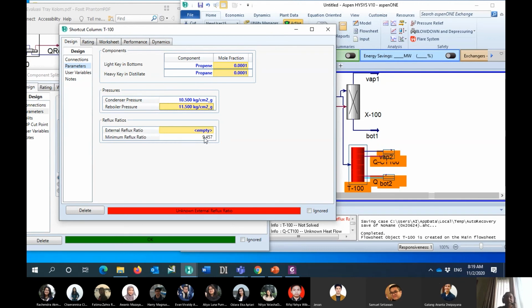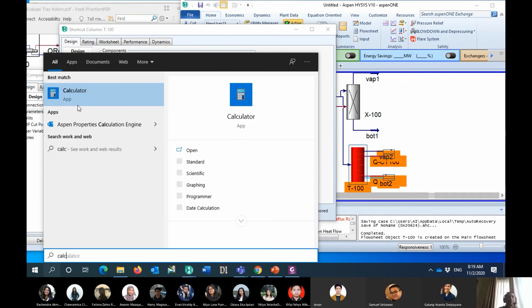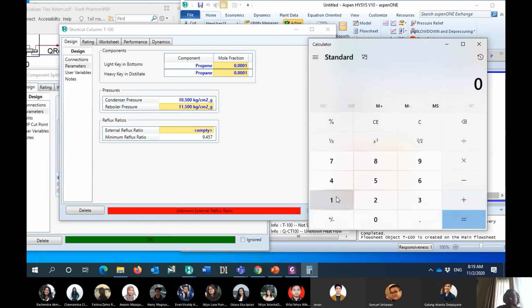Again, if we use the rule of thumb that the external reflux ratio is between 1.2 and 1.5 times the minimum reflux ratio, we can calculate this. I will use the calculator: if I increase the external reflux ratio to 1.5 times 9.457, it should produce around 15.